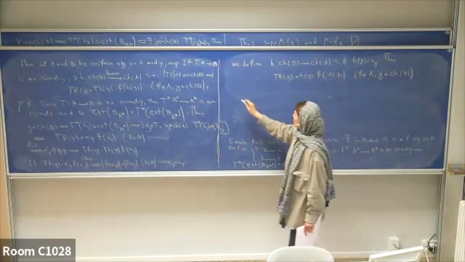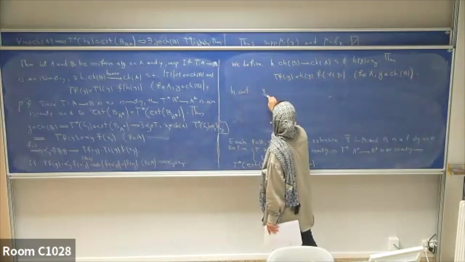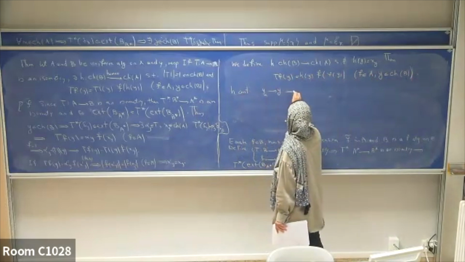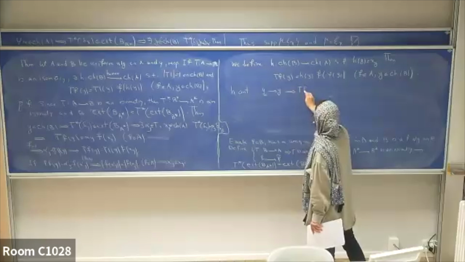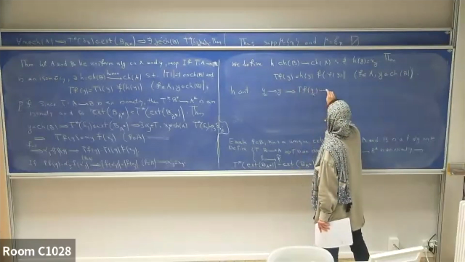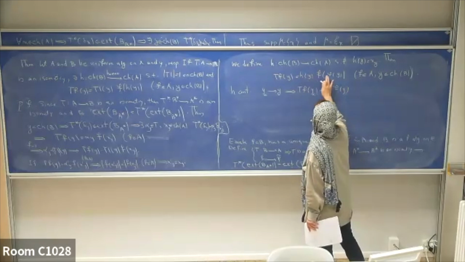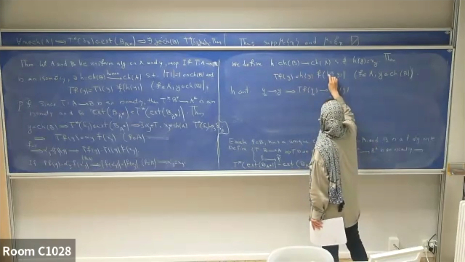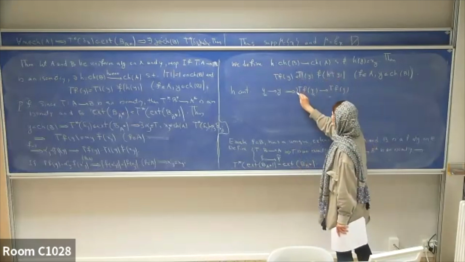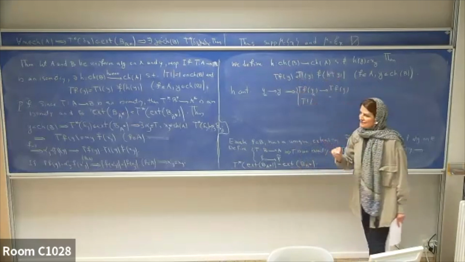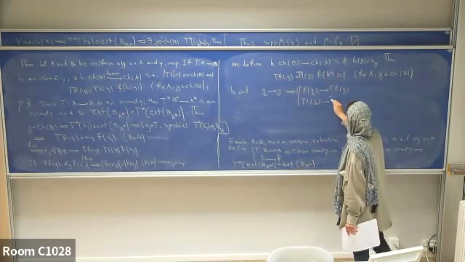H is continuous because if y alpha goes to y, then for each f, Tf is continuous, Tf of y alpha goes to Tf of y. Sorry, I made a mistake here. Oh man, C1, sorry. When you are in a hurry, maybe it happens.